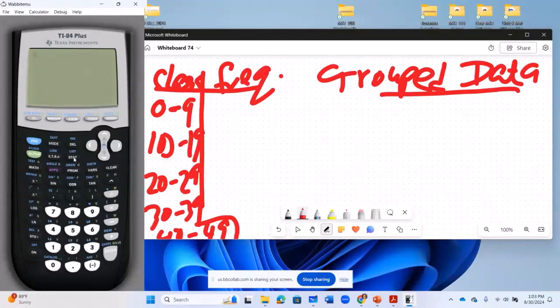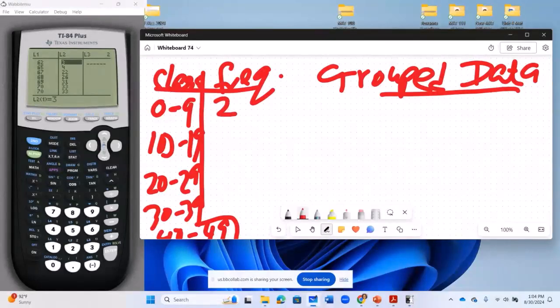Okay, so I'm going to go back to my STAT, Edit, and this time I am grouping the data in L2. I am going to count all the numbers from 0 to 9. I can actually eyeball this data and see. The smallest number is 3. So there are only 2 numbers between 0 and 9, so I'll write 2 here.